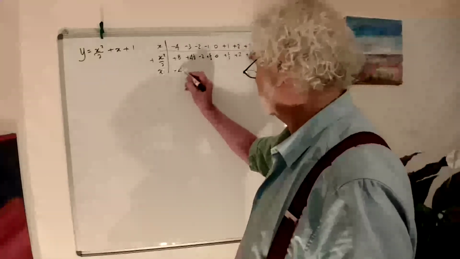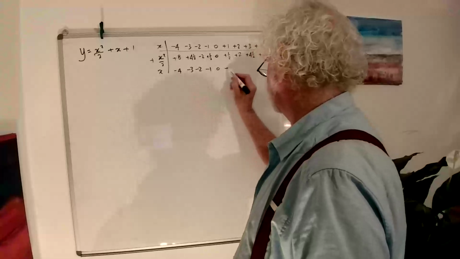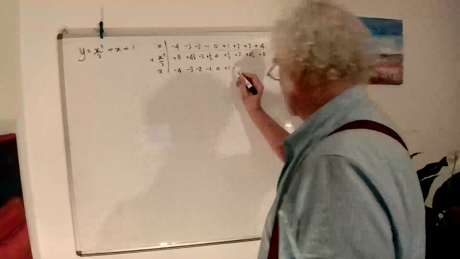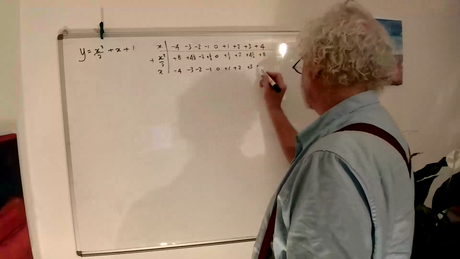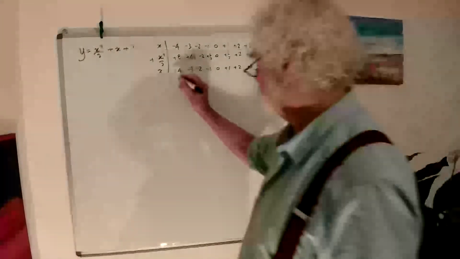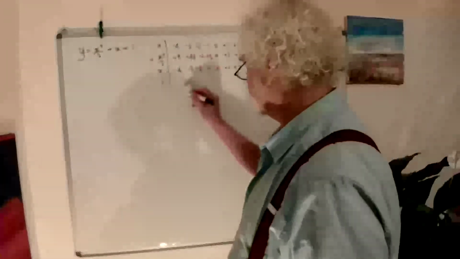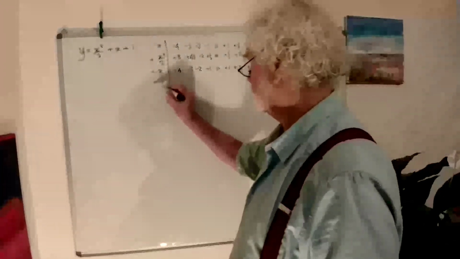That's -4, -3, -2, -1, 0, plus 1, plus 2, plus 3, plus 4. And then there's the 1. We're going to add these up in a minute. So that's plus x and plus 1.